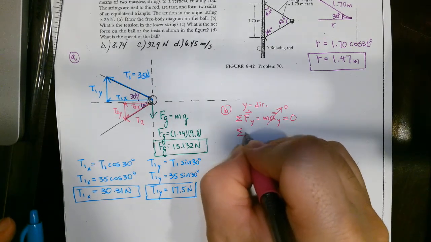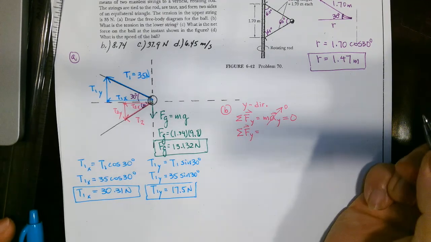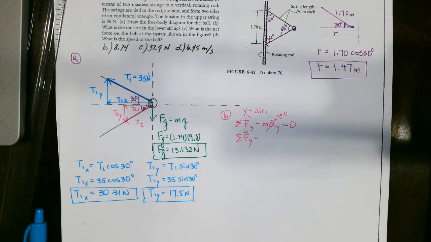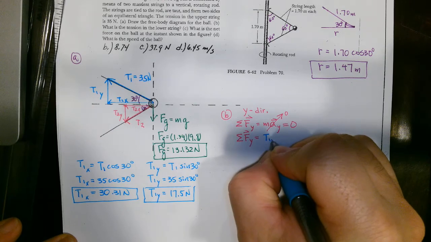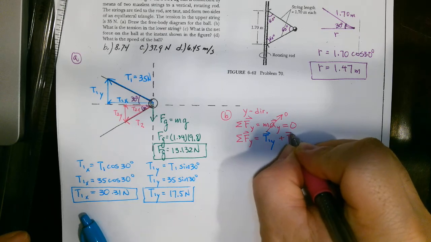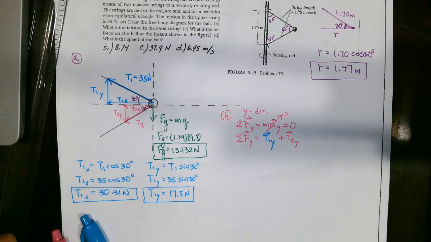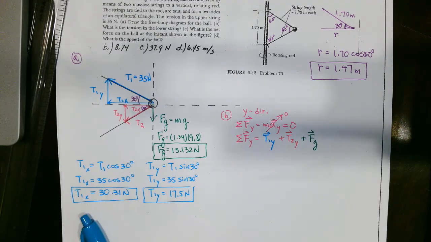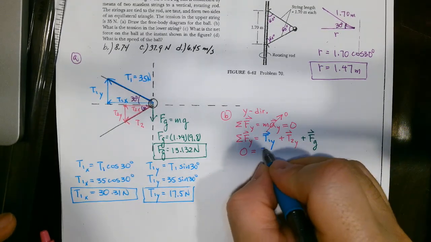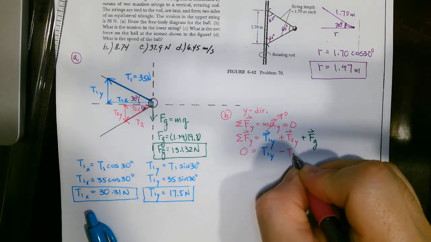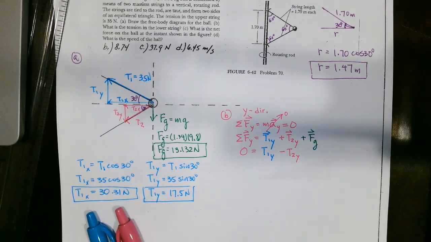The sum of all forces in the y direction for that ball, I have 1, 2, 3 forces, right? I have T1y plus T2y, plus Fg.